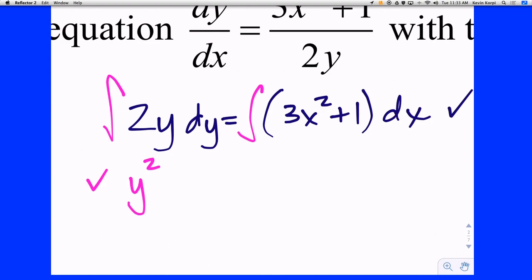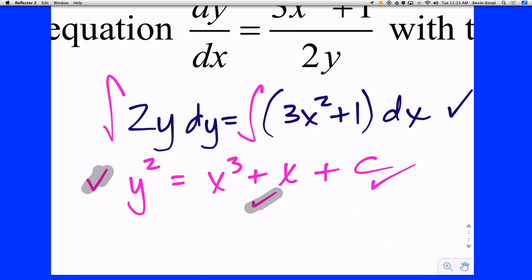Maybe it's one check for the whole thing. Do you need a plus c on the dependent variable side? No. 3x squared becomes x cubed, plus 1 becomes x. That's a check. Sometimes these two are combined into a single check. Sometimes they're separate. Plus c is worth another check on its own right there.